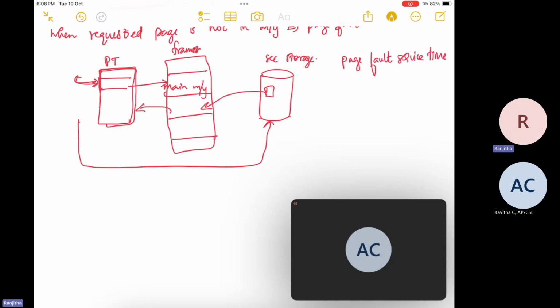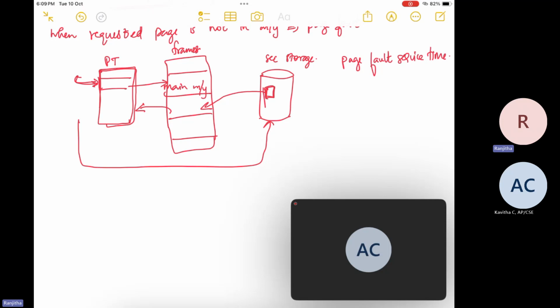This page fault service time typically comprises bringing the page back from the secondary storage. It of course comprises accessing the page table, which is one memory access, and finding that the page is not there. Then it will go to the secondary memory.